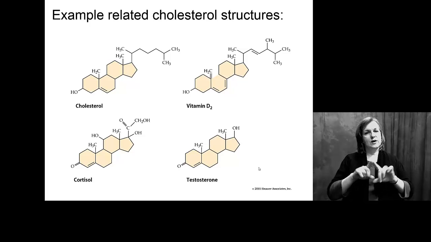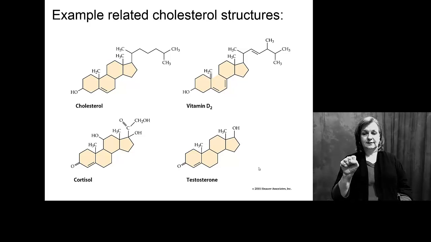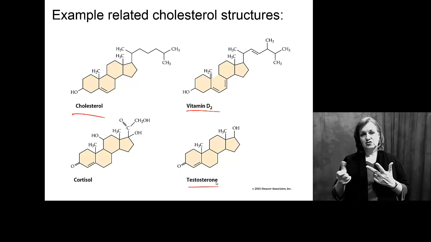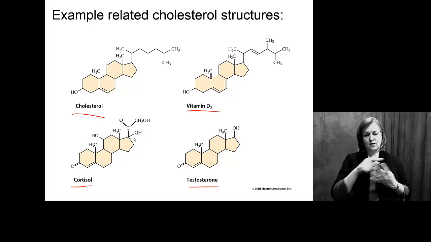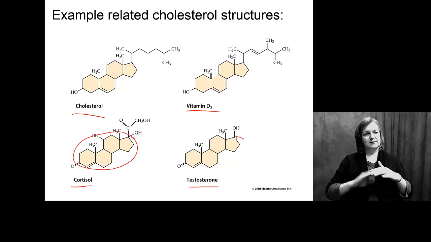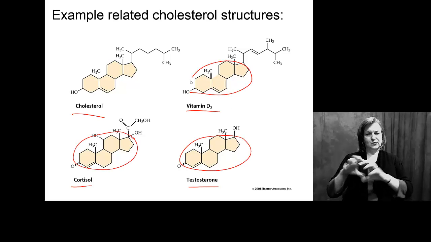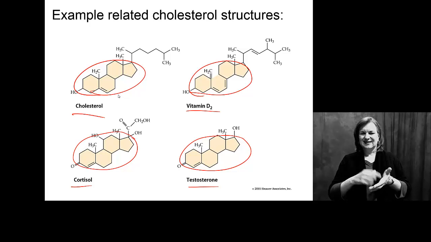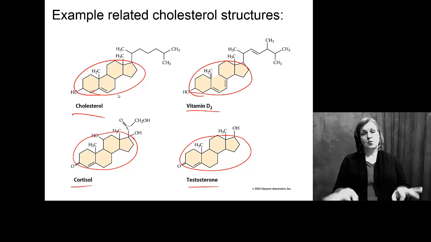Here are 4 different steroids: cholesterol, vitamin D, testosterone, and cortisol. They all have the same steroid structure, and all we've changed are the functional groups. Very small changes, but your body recognizes those changes, and it's very, very important.